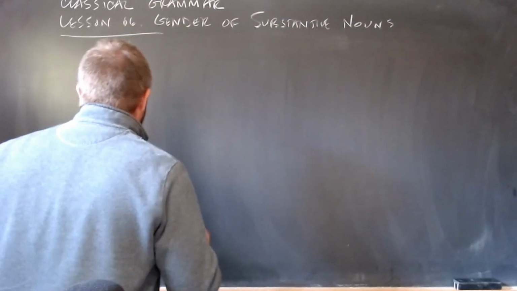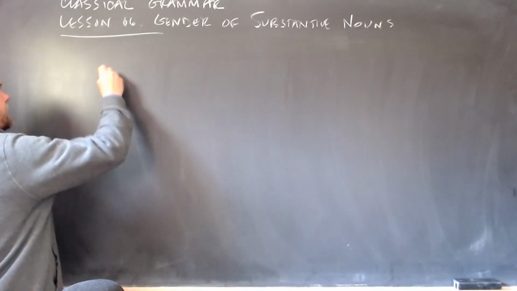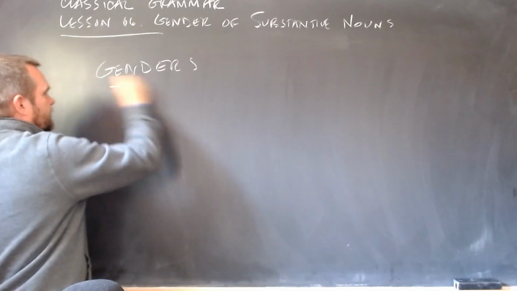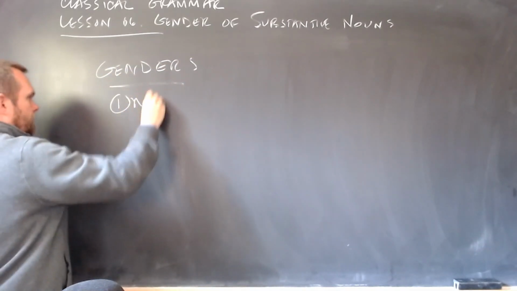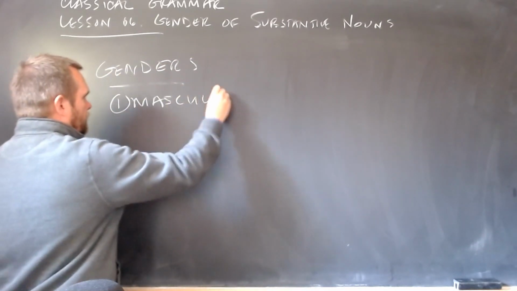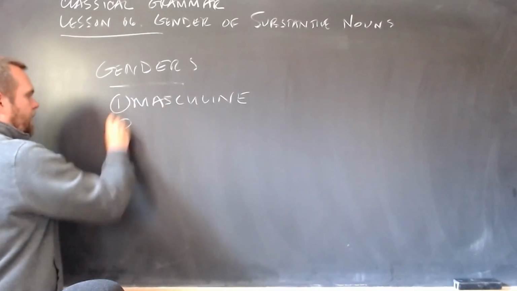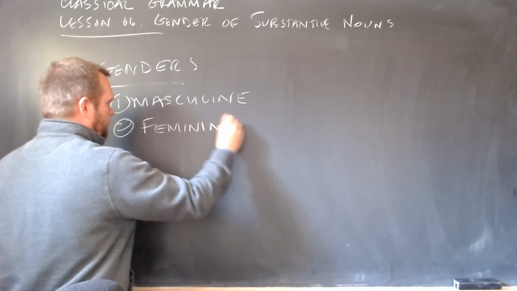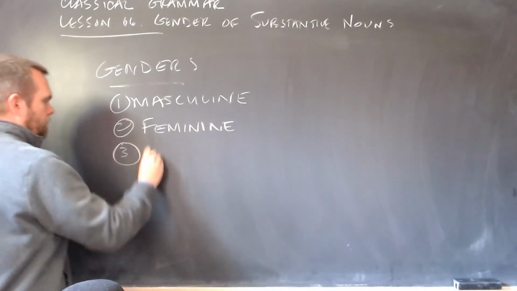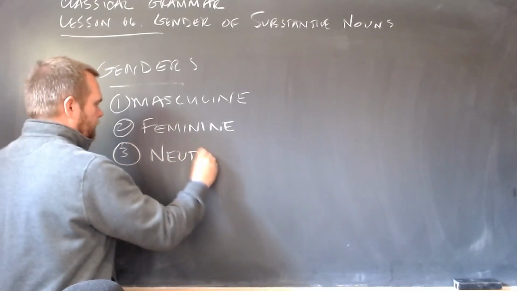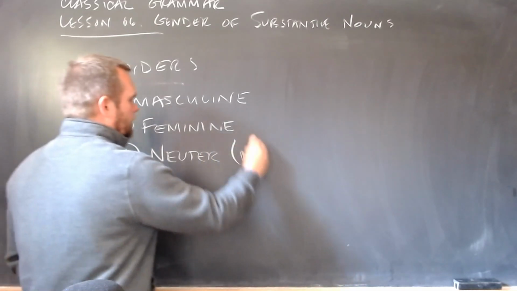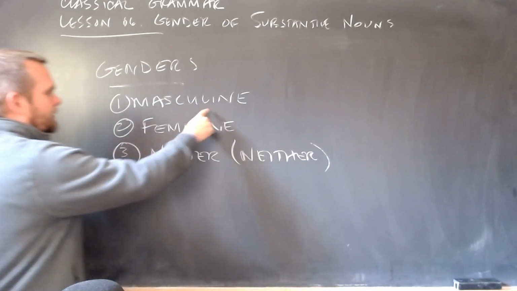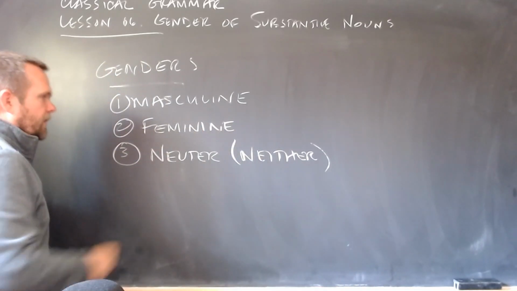So in English, there are 3 genders of nouns, of substantive nouns. Masculine, feminine, and neuter. And remember, neuter means neither. Neither masculine nor feminine.